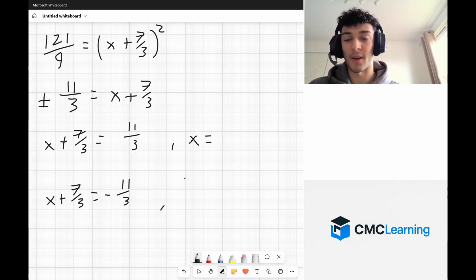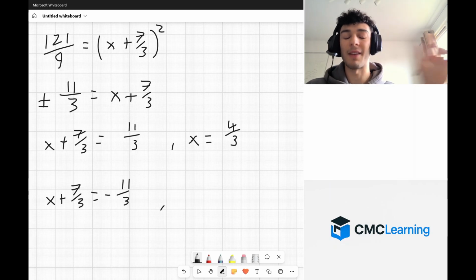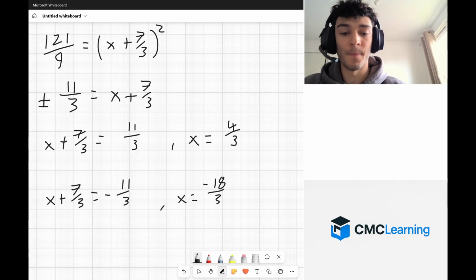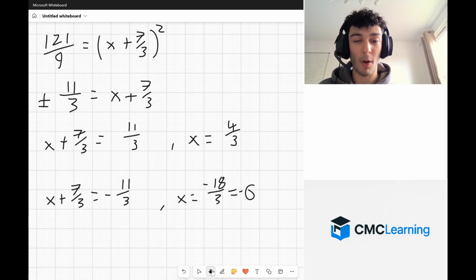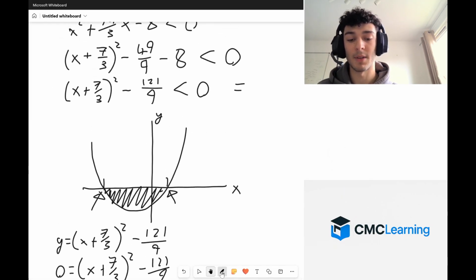So for our top solution, we get 4 over 3, so 11 minus 7. On the bottom we're doing minus 11, minus 7. So that gives us minus 18 over 3, which is the same as minus 6. So we can go up to our diagram, and we know that our roots are minus 6 and 4 over 3.